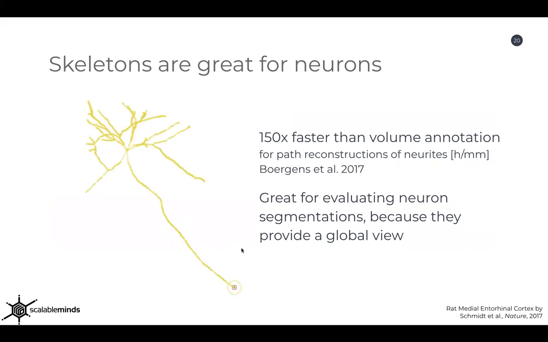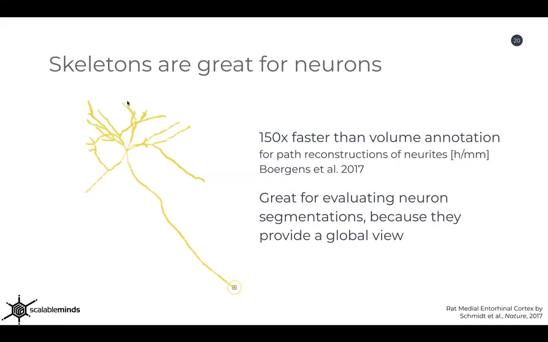For that, let's talk about skeletons, which is a sparse annotation method that is very popular for neurons. It's line segment annotations. You have a bunch of nodes in here and all of them are connected with edges. And then you get this graph-like representation.